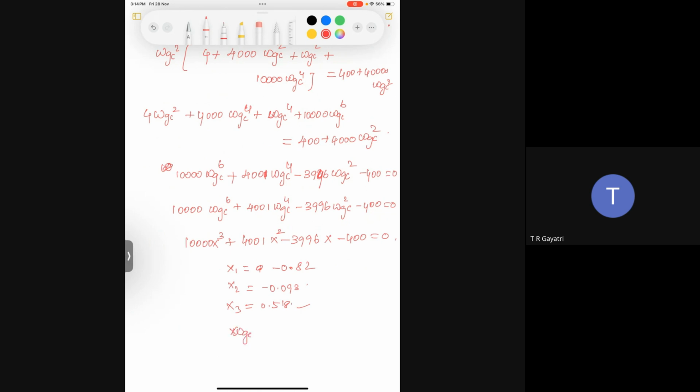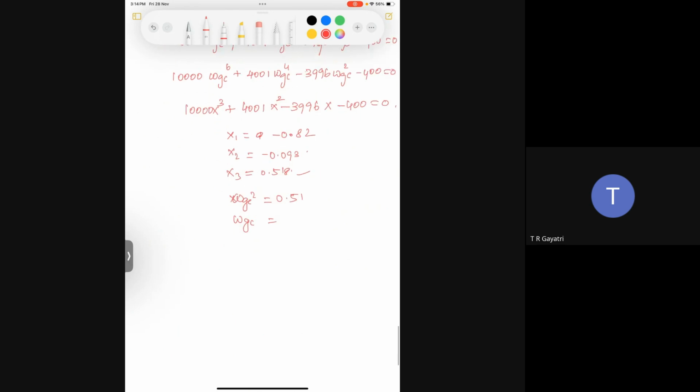So omega GC square is equal to 0.51 something. So omega GC will be around 0.71 radians per second.